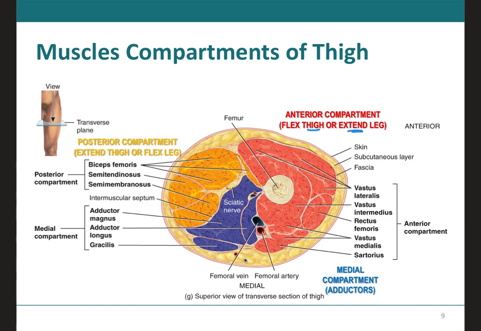The posterior compartment mainly serves to extend the thigh, like the gluteus maximus, and the ones located medially serve as adductors, which we have already seen. The posterior compartment of the thigh will also be important to flex the leg, and we will see this in the next few slides.